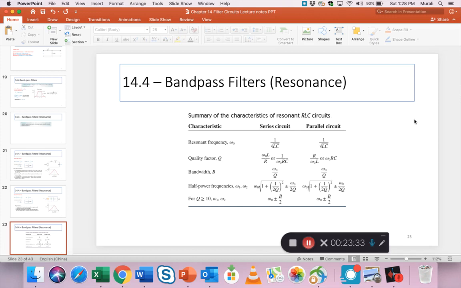There's actually a nice formula there, but you need to know what Q is to understand why. Now you know what a bandwidth is, but it also has these formulas to help you find them in a real circuit. Also omega 1 and omega 2 you can calculate. So everything is written in terms of this Q, which is nothing but, you know, these factors, omega 0 L by R, or R by omega 0 L, or omega 0 RC in a parallel circuit.